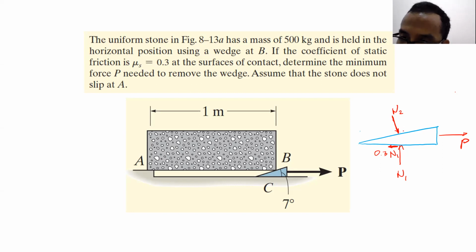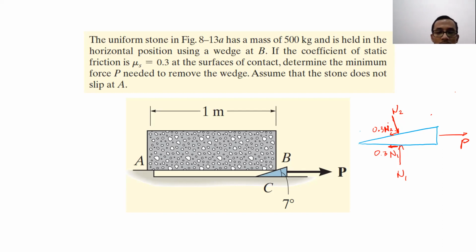And the friction force is supposed to be parallel to that surface. This one is the friction force F2, which is 0.3 of N2. Like that. So that's the free body diagram of the wedge.